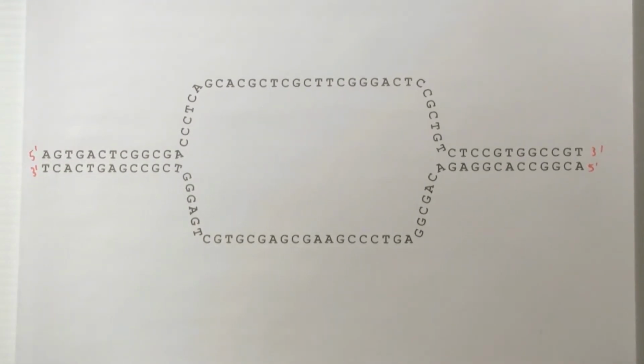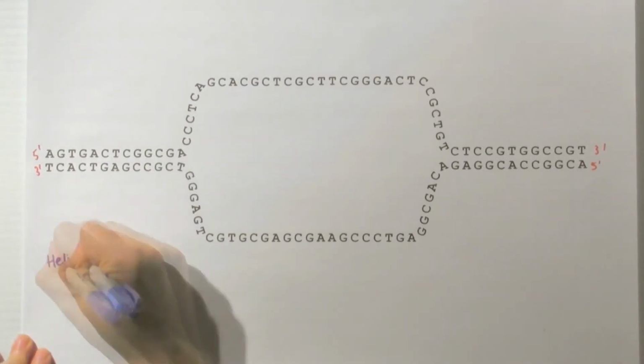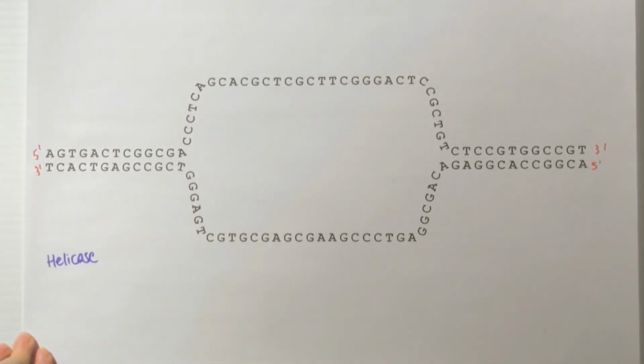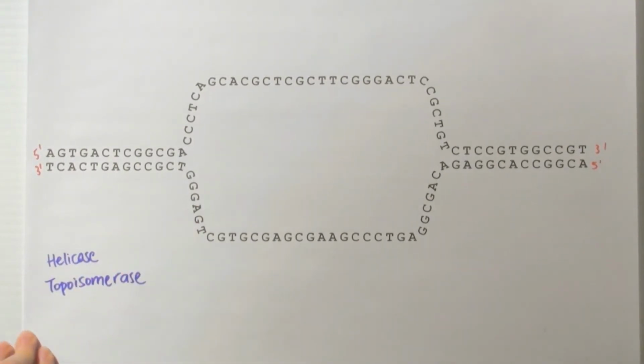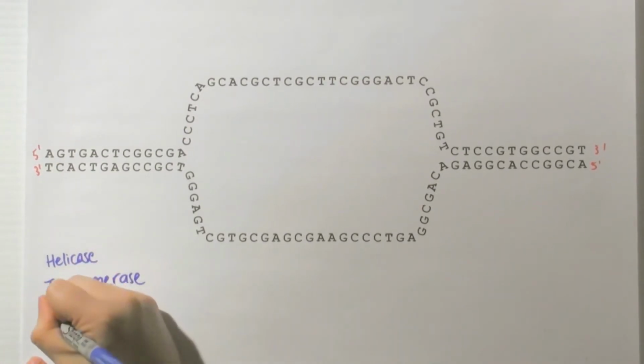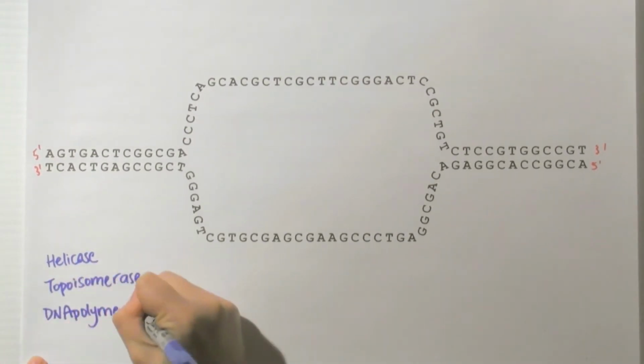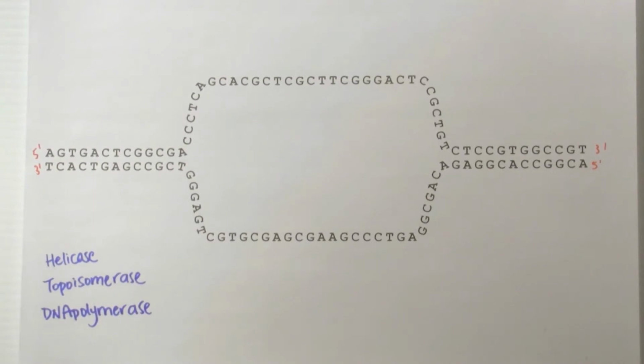So what are the enzymes that are in this DNA replication machinery? So you have helicase, which will help unwind the DNA. You have topoisomerase, which will help untangle the DNA as DNA is being unwound. And of course, you have DNA polymerase. Now, DNA polymerase, however, can't start from nothing. It can't start from scratch.